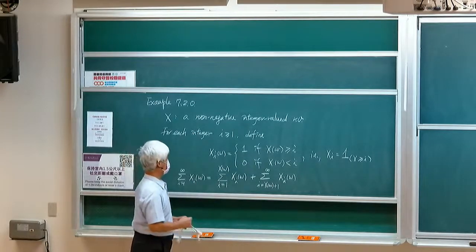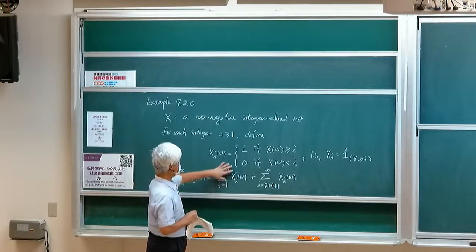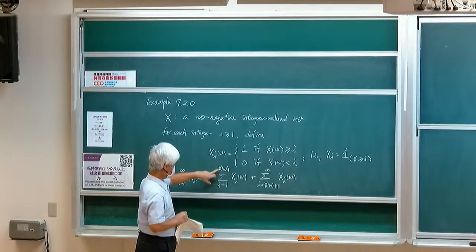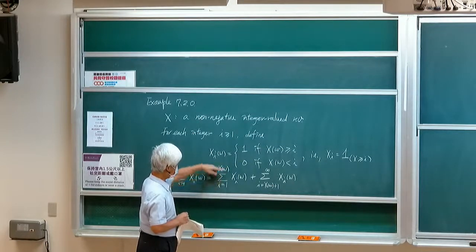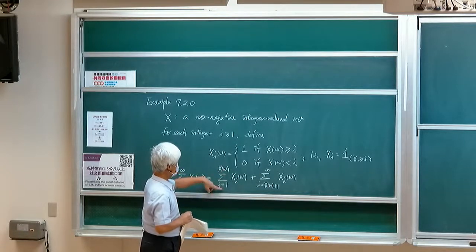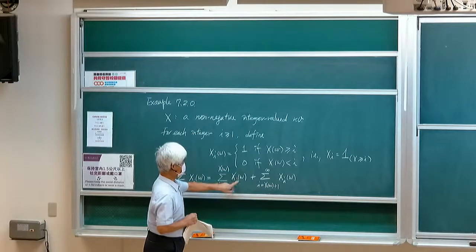Now we can see that if X of omega is positive, then for all i from 1 up to this value, X_i is equal to 1.